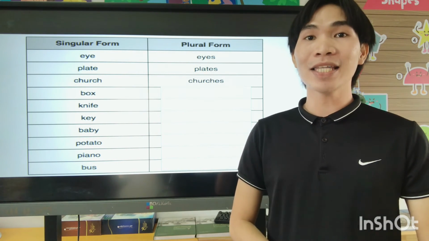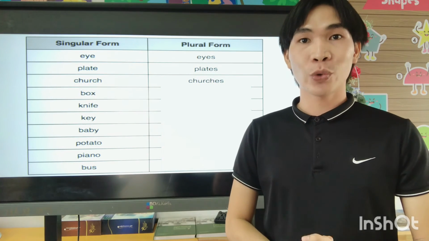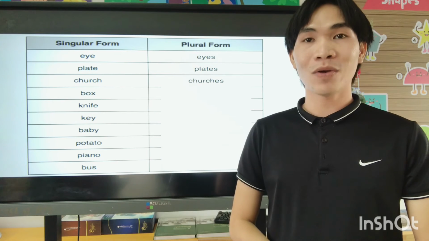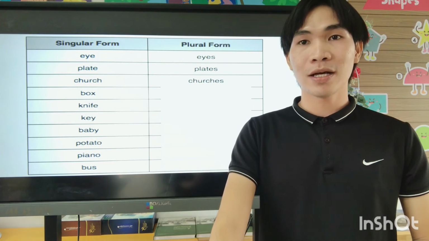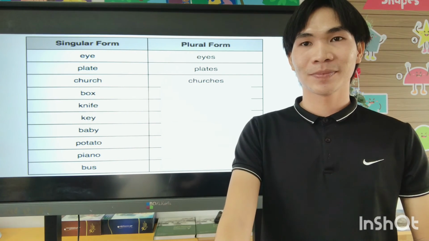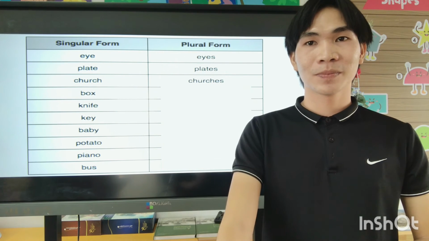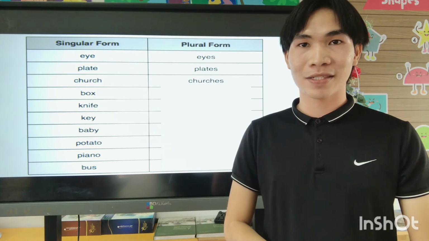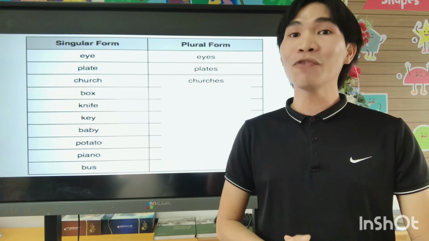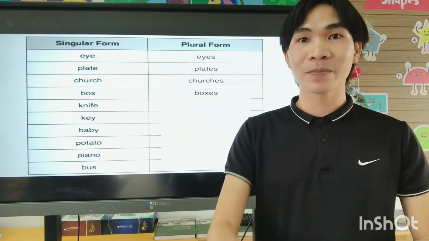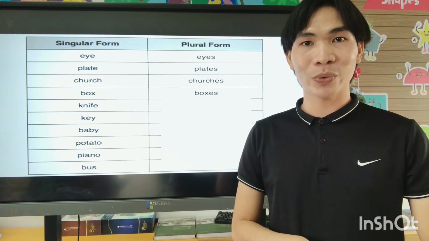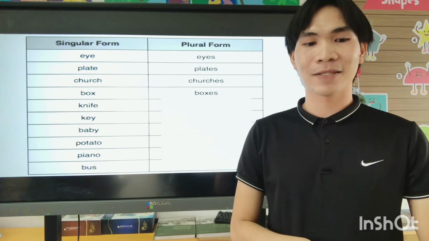We applied the second rule, which is add ES. Now let's proceed to the next example, box. Now let's check if your answer is correct. The plural form of the word box is boxes. We applied the second rule, add ES.